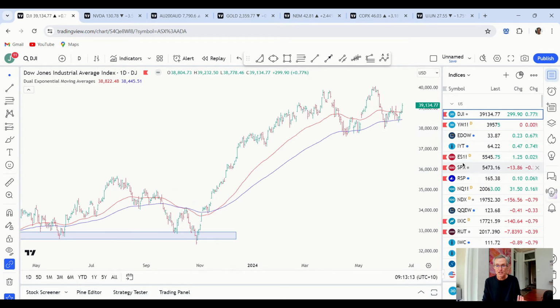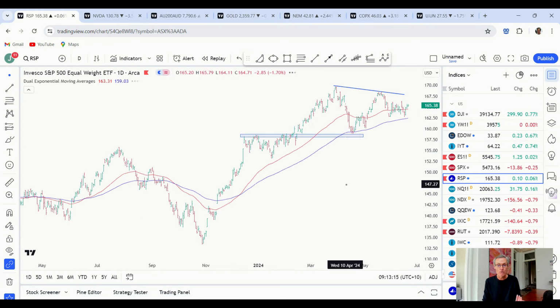And the same applies when we look at the S&P 500 on an equal weight basis. So equal weight, it's where the bigger stock and the smaller stock in that top 500 has the same weighting. So that's why we call it the equal weight. You can see it's not confirming either. It remains below these previous high points from April and May.